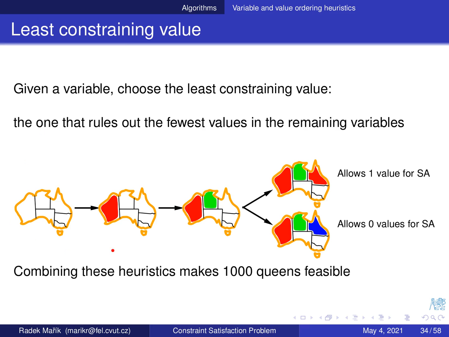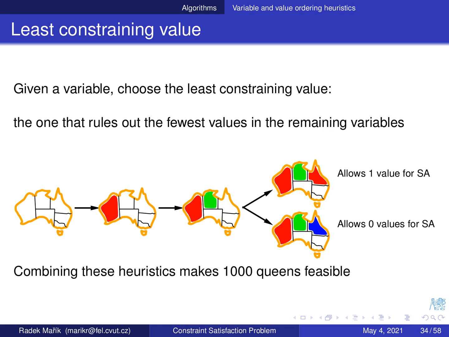For example, having these steps, at this step, you can select for the SA. Sorry, you can select for Queensland. Q is this country, either red or blue.